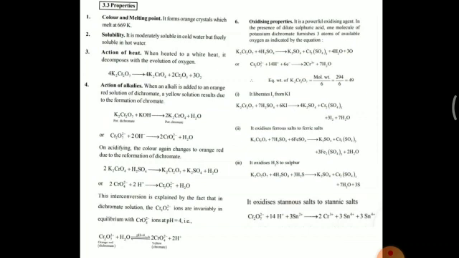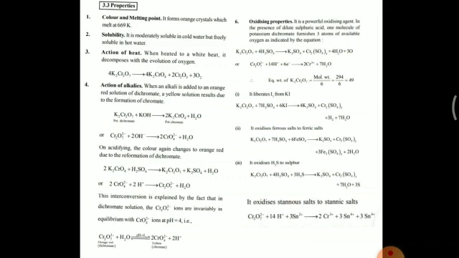Therefore, on adding base, alkali, to potassium dichromate, that is on increasing the pH, the H plus ion concentration decreases. So the equilibrium shifts towards the right direction, forming the yellow colored solution of potassium chromate.